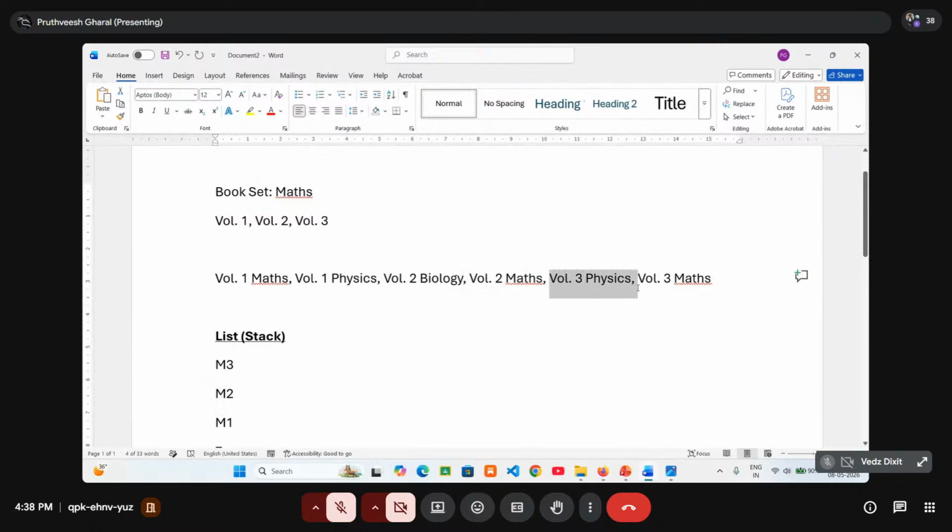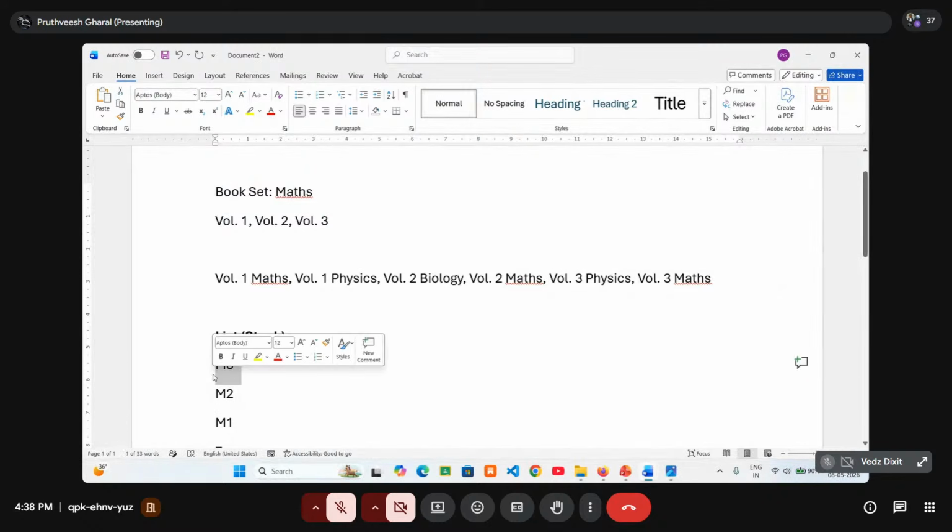Now we'll read the next book, volume 3 physics. It does not matter to us. We'll read the last book, volume 3 maths, and we'll write here M3. So what these symbols indicate is that we found the first volume of book maths, the second volume of book maths, and the third volume of book maths.